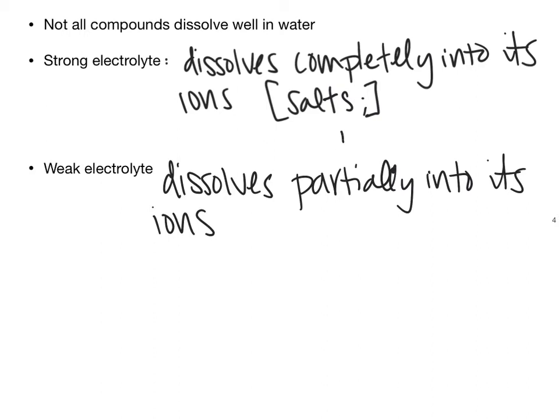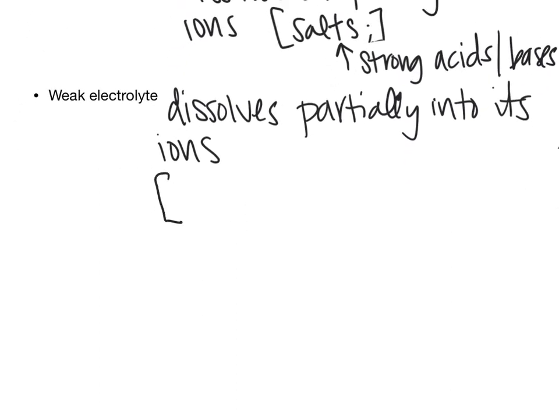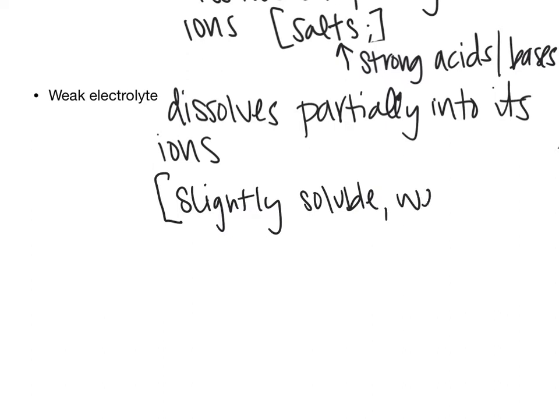So in addition to salts, we could have things like strong acids or bases. A weak electrolyte, these are slightly soluble components, or weak acids and bases.